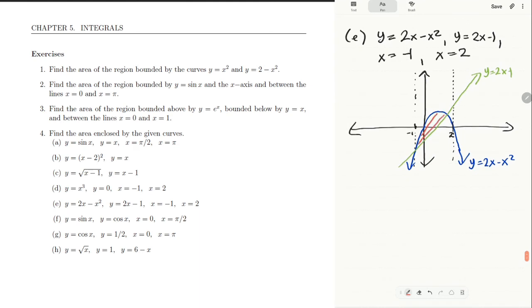So we have this shaded area here and this shaded area. And so we'll call each of these areas A1 and A2.